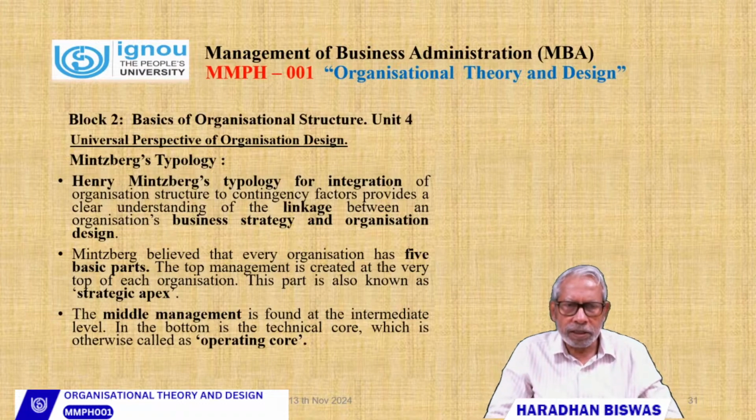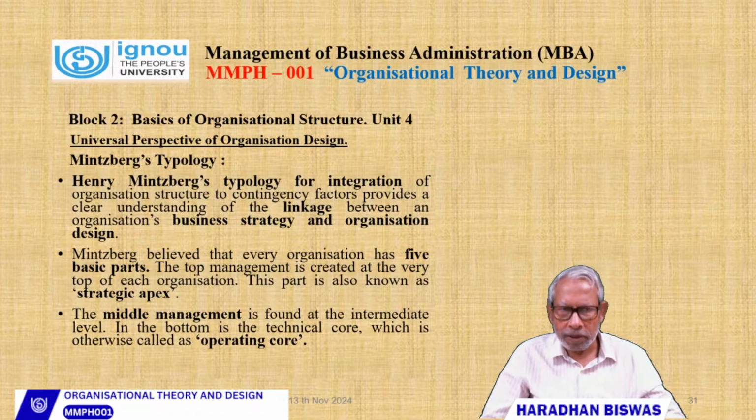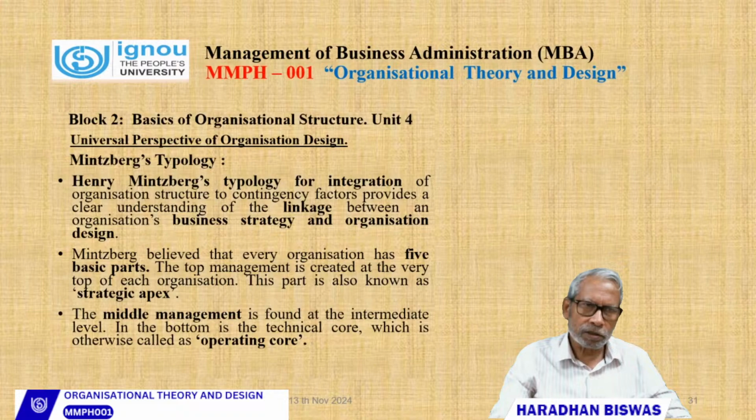In the bottom is the technical core, which is otherwise called the operating core. At the bottom level are those who are directly involved in the operations, such as human or public dealings, the production lines, or field surveys, which are the core operations of the organization.